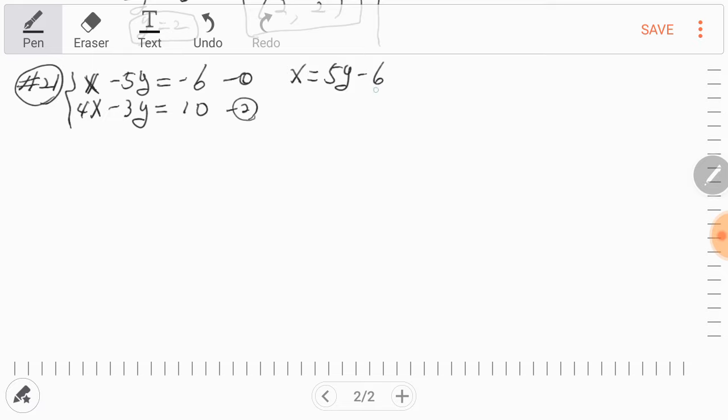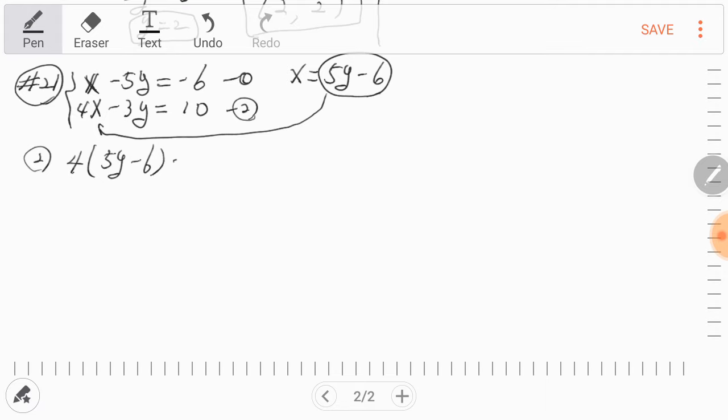And then substitute this expression for x in the second equation. So from the second equation, x times x is 5y minus 6. We need to put parentheses to protect the expression 5y minus 6. Minus 3y is equal to 10. And then since this equation has only one variable y, let's solve for y.